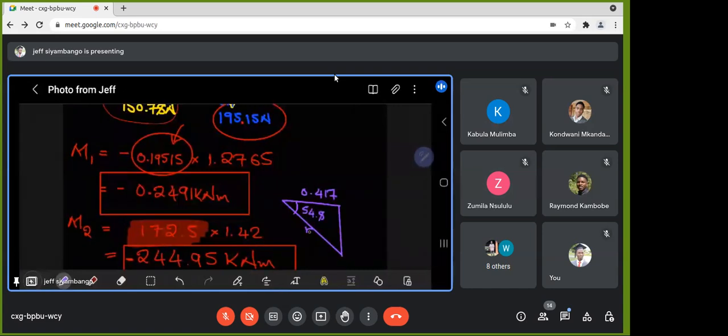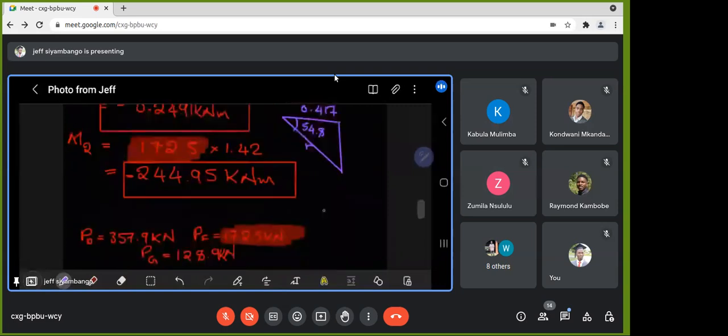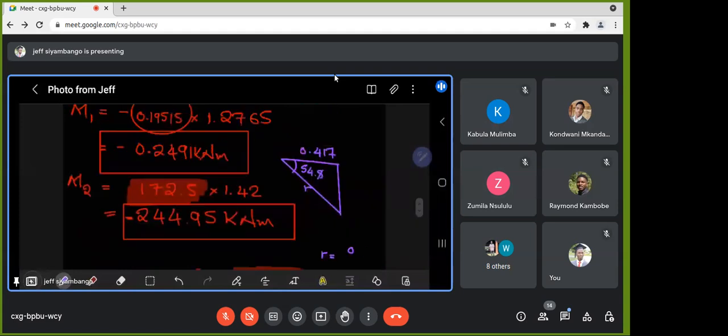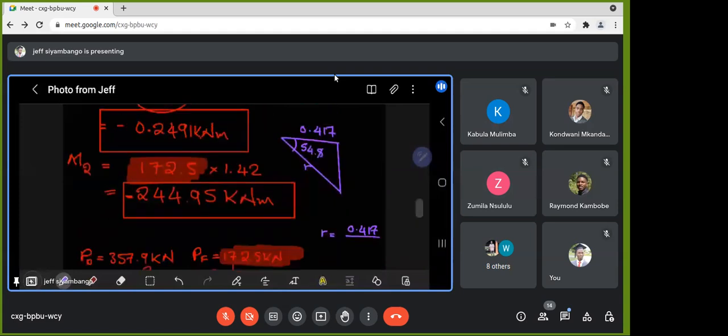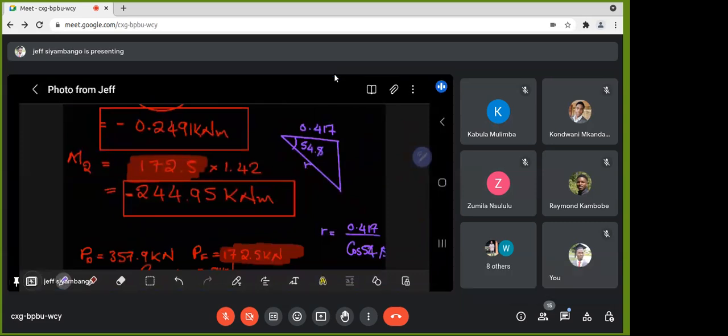So you'd use cos here. So R, the hypotenuse, will be equal to 0.417 divided by cos 54.8. Have you got that? Yes. So this would have to be the distance that you would use there.